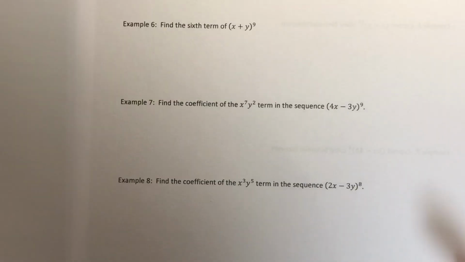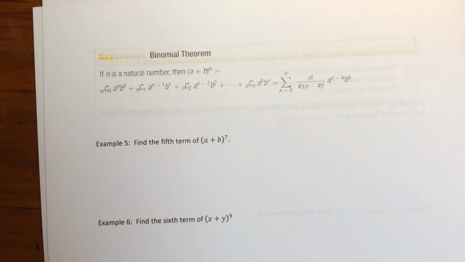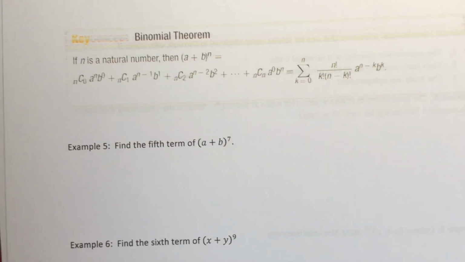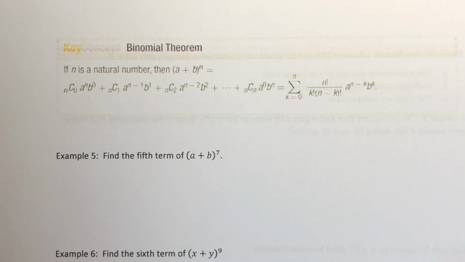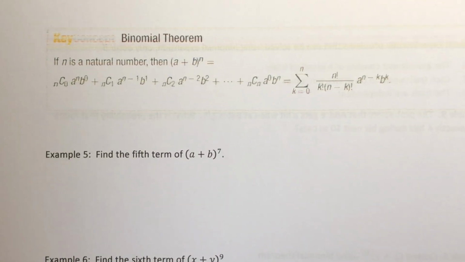All right? So now we have the binomial theorem. And the binomial theorem states, and for whatever reason my printer doesn't want to print a nice copy today, so it's going to be a little bit hard to see, but I hope you can see it well.